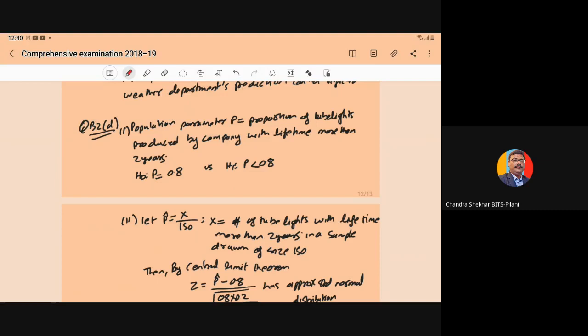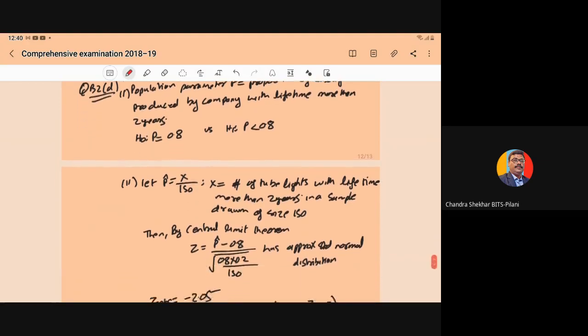Earlier also I have told you, H naught denotes the null hypothesis and H1 denotes the alternative hypothesis, and always in the null hypothesis we have the equal to. So p is equal to 0.8 and p is less than 0.8. So from here we compute the p cap as x upon 150, where x is the number of tube lights with a lifetime of more than 2 years in a sample drawn of size 150.